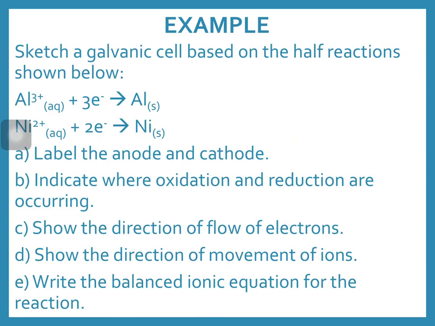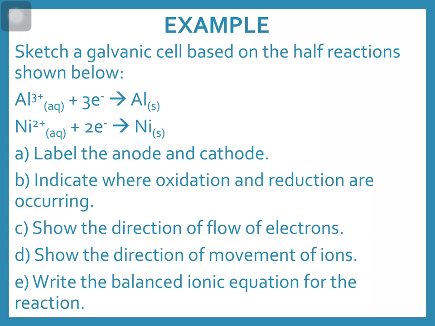Okay, so sketch a galvanic cell based on the half reactions shown below. So aluminum ion picking up 3 electrons, becoming solid aluminum, and nickel ion picking up 2 electrons, becoming solid nickel. So one of those half reactions is not written correctly.